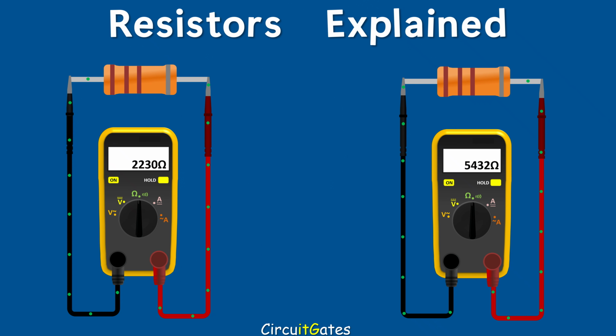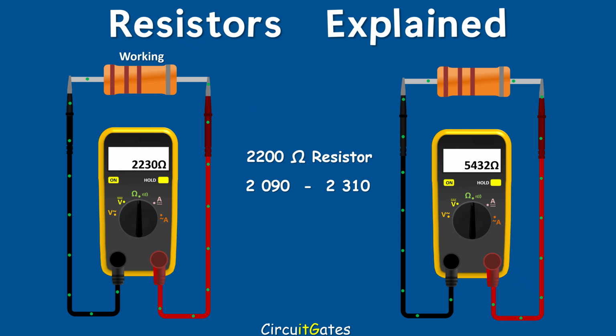If measuring the value of this resistor and getting the value between 2090 and 2310, it means the resistor is working, but if not, it means the resistor is dead. Some circuits in instrumentation and medical diagnosis need resistors with very small tolerance value so that they give accurate results.